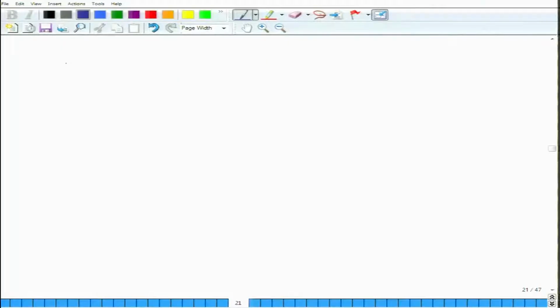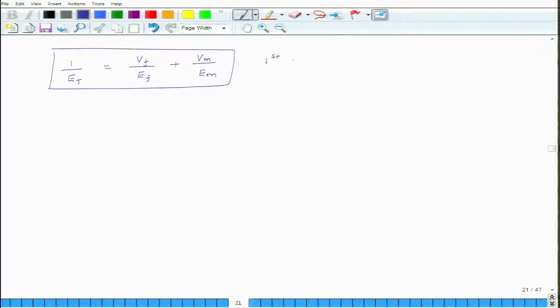We had developed a relation for transverse modulus: 1 over E_t, where E_t is the transverse modulus of composite, equals volume fraction of fiber divided by its modulus plus volume fraction of matrix divided by its modulus. So, this is our first model.